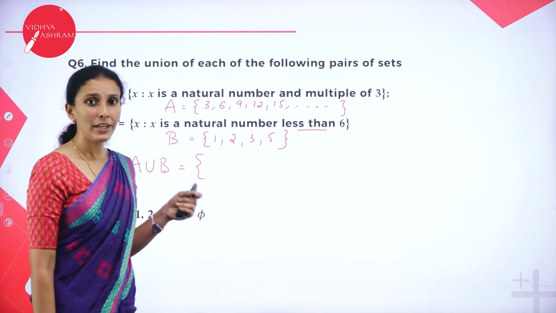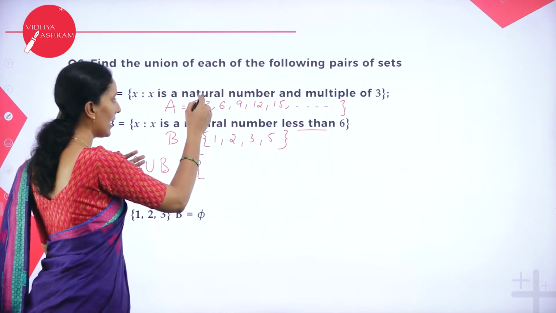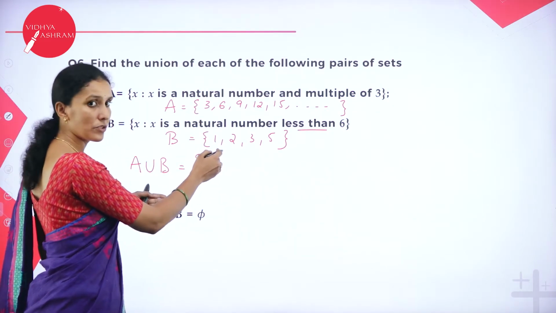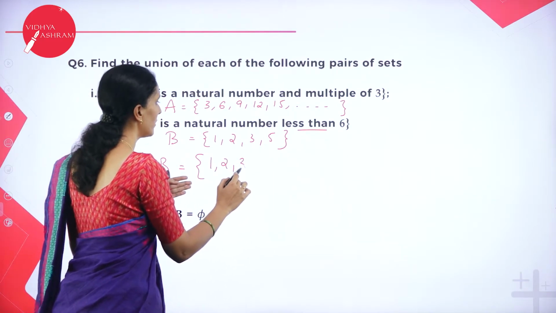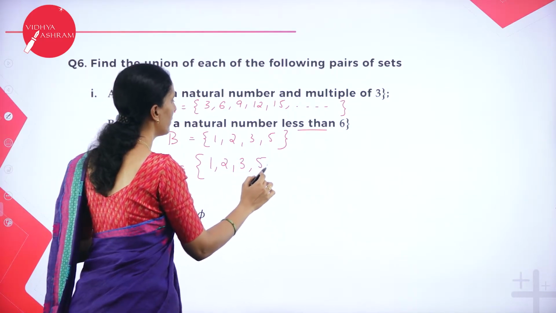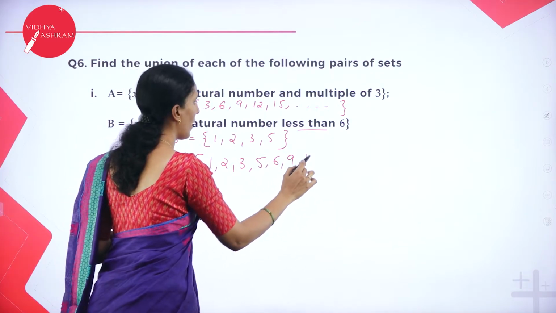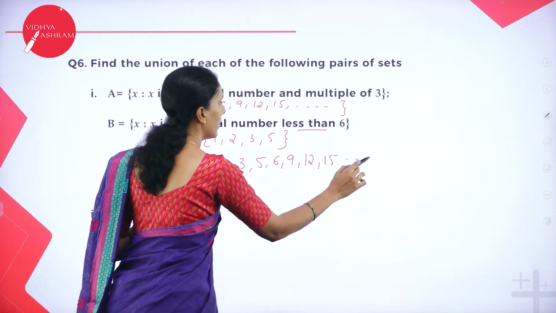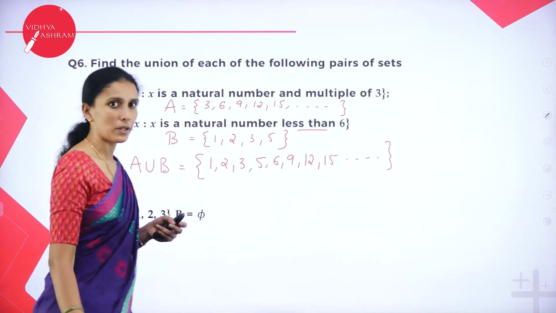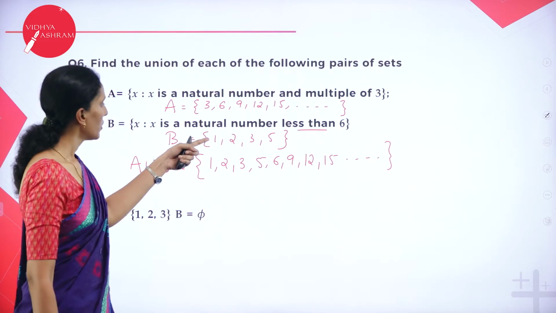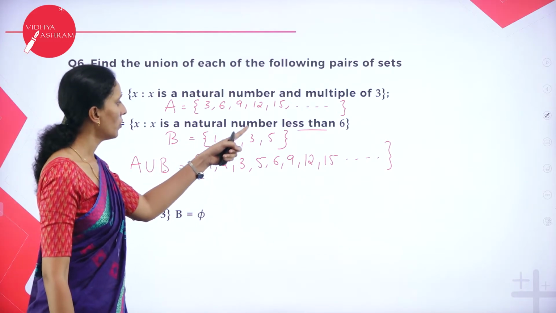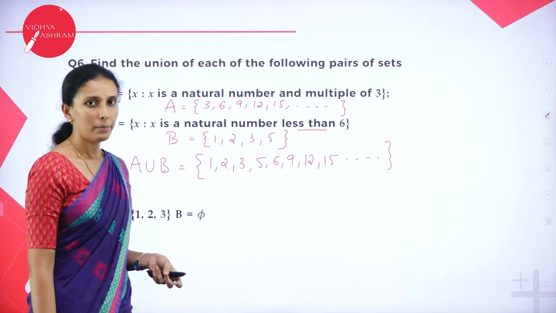You have to write the elements of A as well as the elements of B. So let me start here: 1, 2, 3, 4, 5, 6, 9, 12, 15, and it goes on with the multiples of 3. So here the union is again infinite, but you should include 1, 2, 4, 5 in between them.